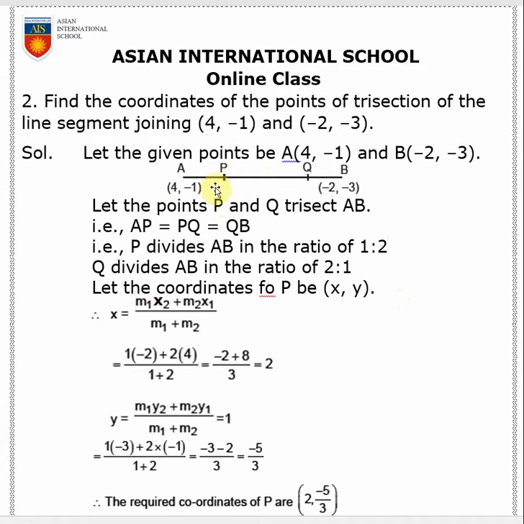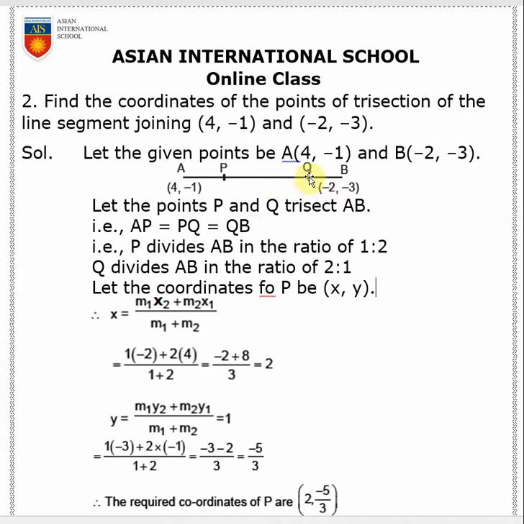That means if you consider only the point P, then point P is the point dividing AB into the ratio 1:2. How it is got, I will repeat once again. My AP equals PQ equals QB. It is written here. That means AP is to AB must be 1:3, or AP is to PB must be 1:2.